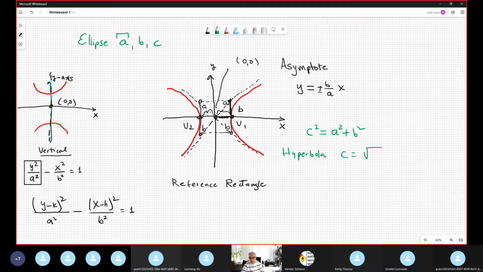Therefore, C alone is the square root of A squared plus B squared. And also C is the focal distance, exactly the same idea, but the focal distance is measured from the center, this distance. Let me use green color. So we have focus F1, this distance I put in green color is C, and the distance is also C in the other direction.